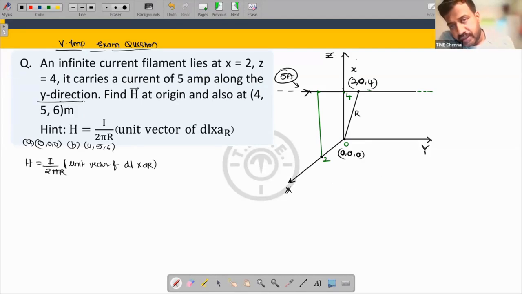This distance between the source point and destination point is given by r. This is the source point, x1 y1 z1. This is the destination point, x2 y2 z2. Find r. Vector r is x2 minus x1 ax plus y2 minus y1 ay plus z2 minus z1 az. Vector r is minus 2 ax minus 4 az.